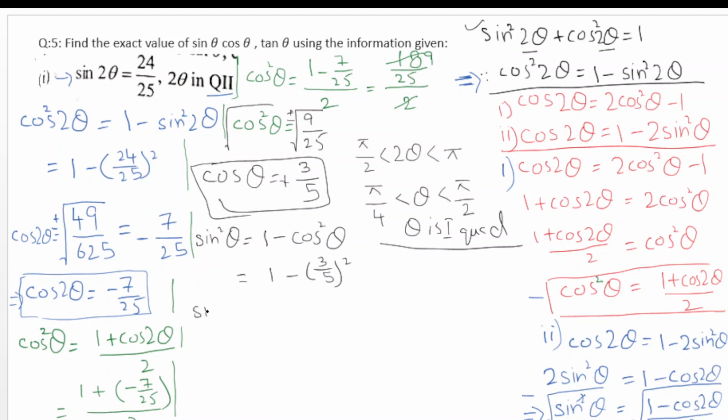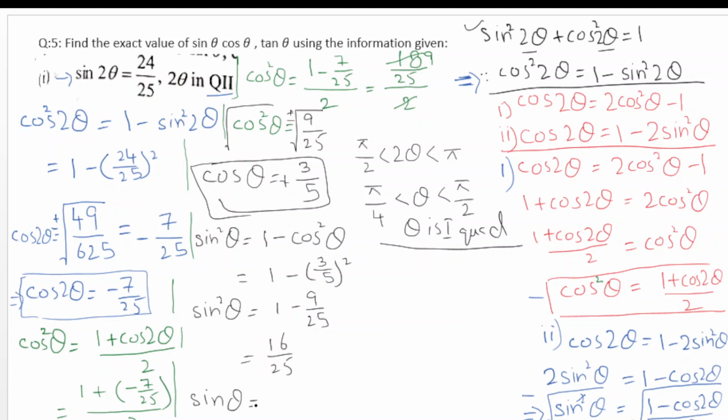Then sine square theta will be equal to 1 minus 9 by 25. So that will be 25 minus 9, that will be 16 by 25. After taking the square root, sine theta will be how much? 4 by 5. It will be positive as we already decided that theta is in the first quadrant.